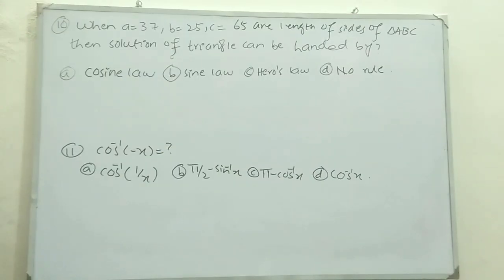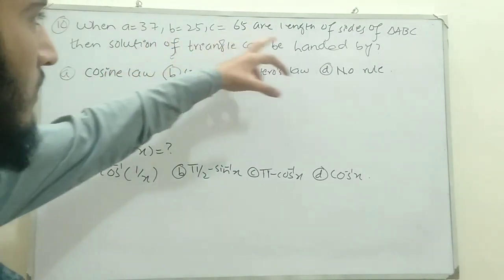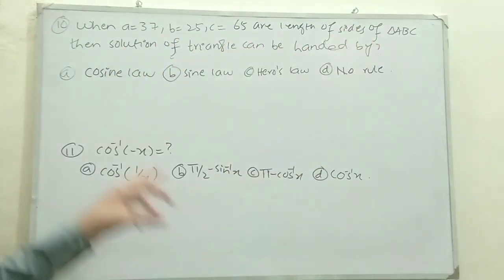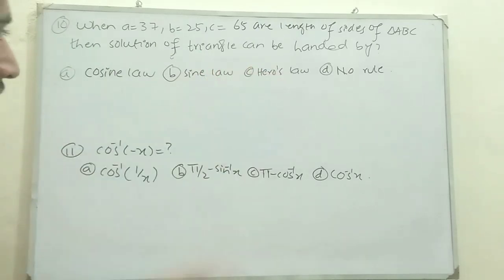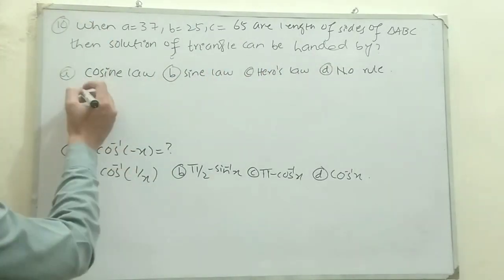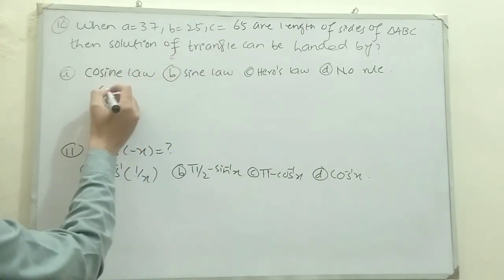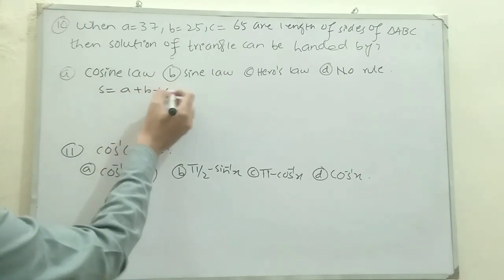Now move toward MCQ number 10. It tells that when a is equal to 37, b is 25, c is 65 are the lengths of sides of a triangle ABC, then the solution of the triangle can be handled by cosine law, sine law, Hero's law, or no rules. Remember, when the three sides are given, let's suppose A, B, C are given, then S will be equal to A plus B plus C divided by 2.